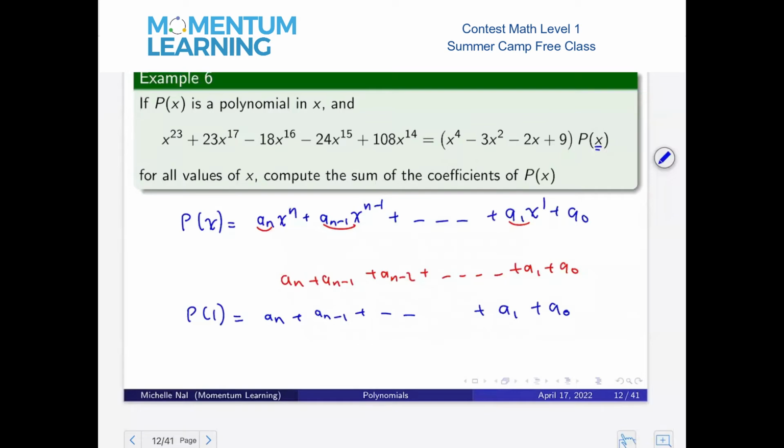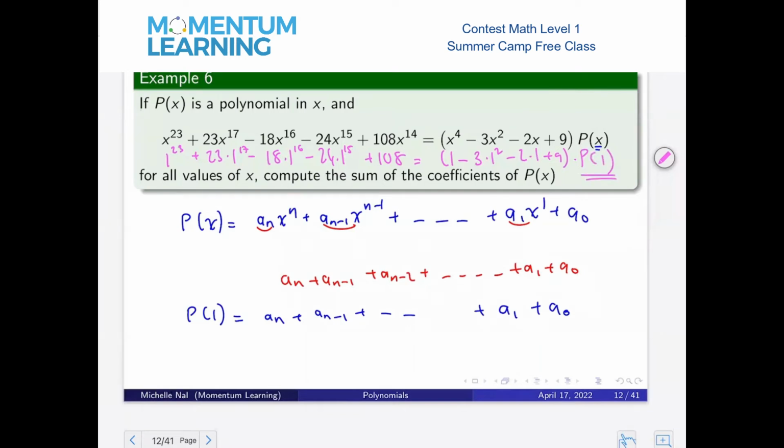Then if x is 1, let's plug it in, right? So we know that we want x to be 1. So here 1 to the 23, plus 23 times 1 to the 17, minus 24 times 1 to the 15, plus 108 equals 1 minus 3 times 1 minus 2 times 1 plus 9 times p of 1.